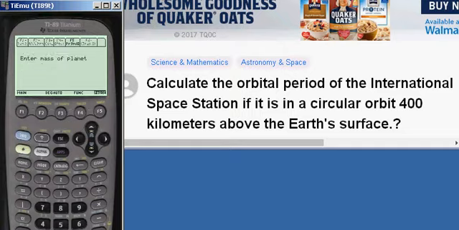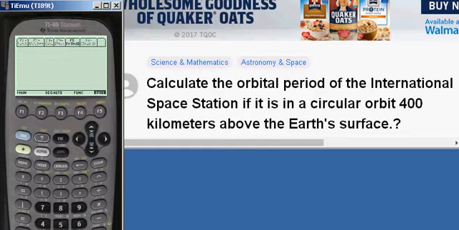We're going to enter the mass of the planet. Now, you have to memorize this. I just know it because I've done this so much, but I press alpha 5.98 times e to the 24 kilograms.